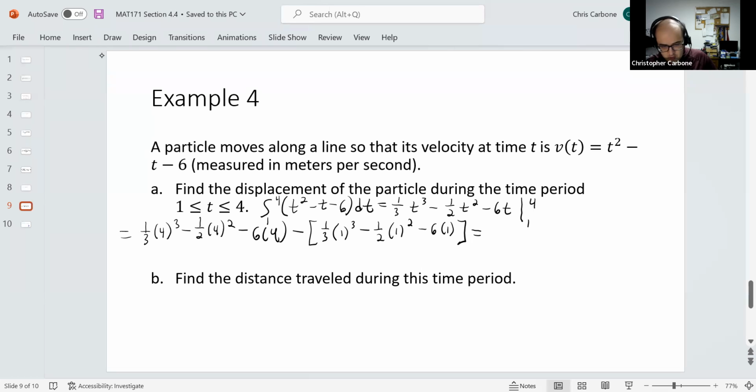Doing that whole thing out, we get negative 4.5 or negative 9/2.